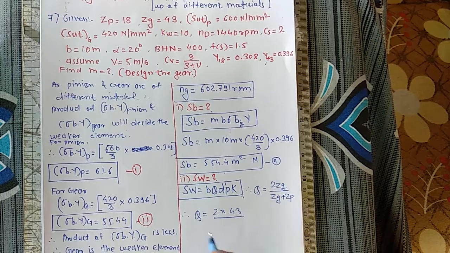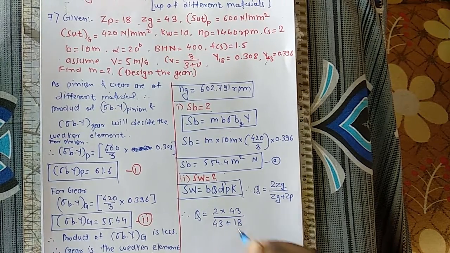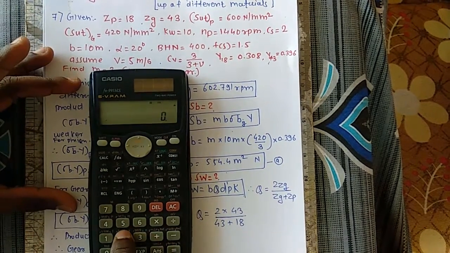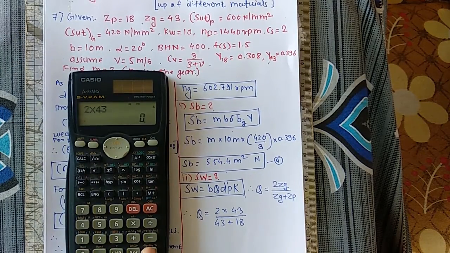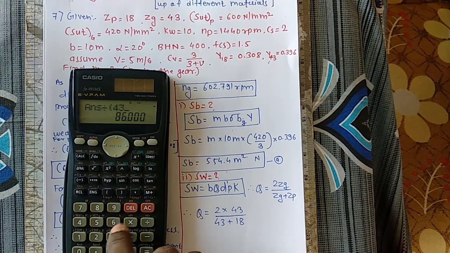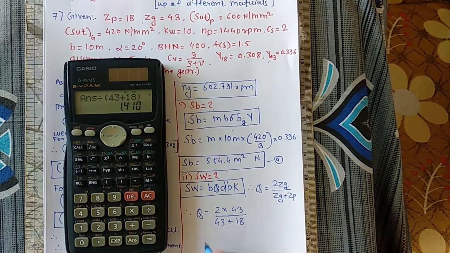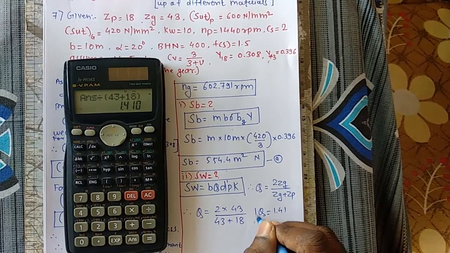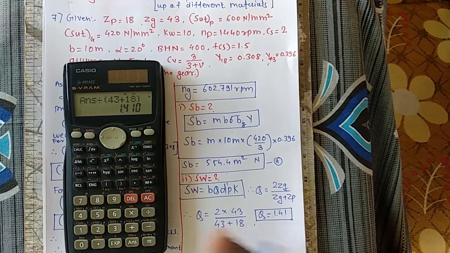ZG plus ZP means 43 plus number of teeth on the pinion, which are 18. Therefore I can write 2 into 43 divided by 43 plus 18. So I will be getting the value of Q as 1.41. Right? I got the value for Q.